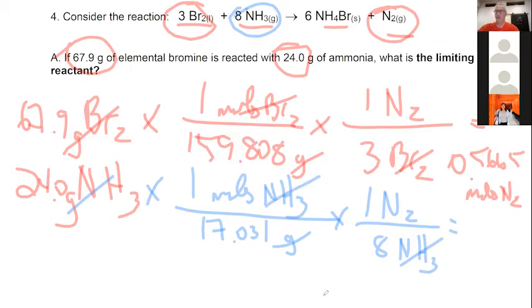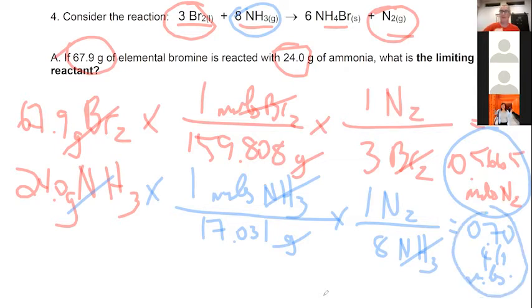And that number is 0.7046 moles. So that tells me if I use up all my bromine, I make that much product. If I use up all my ammonia, I make that much product. I make less product if I use up all the bromine. That means the bromine is limiting. So you just write down bromine is limiting.